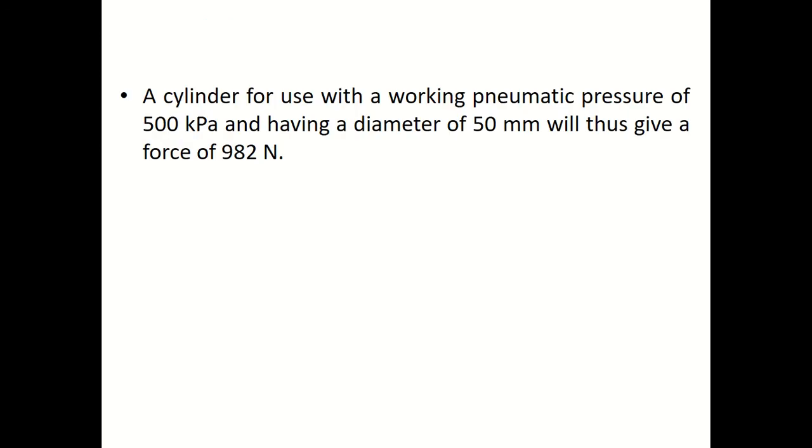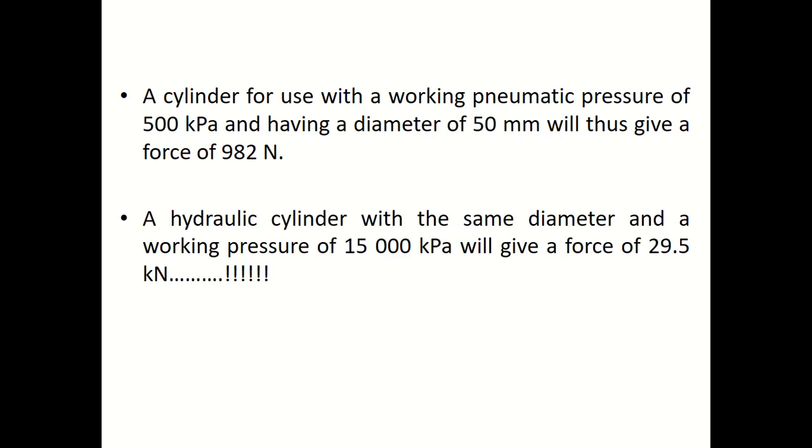For example, a cylinder for use with a working pneumatic pressure of 500 kPa and having a diameter of 50 mm will give a force of 982 Newton. Now look at the same hydraulic cylinder with the same diameter and a working pressure of 15,000 kPa.